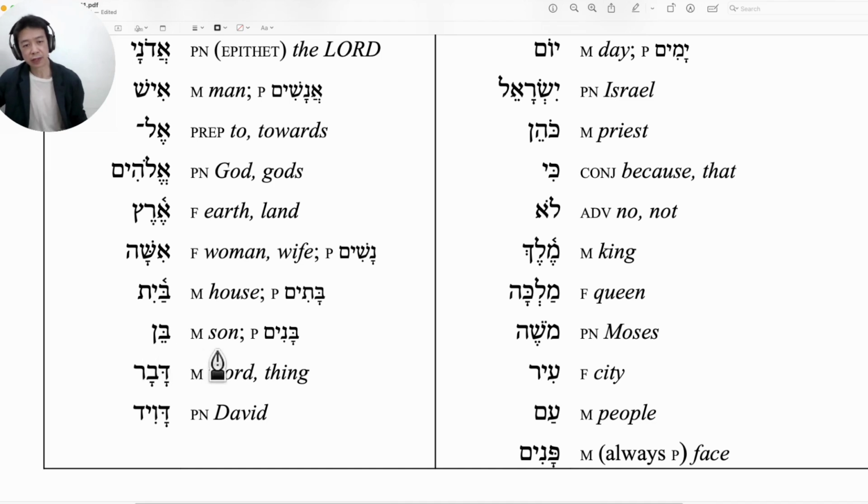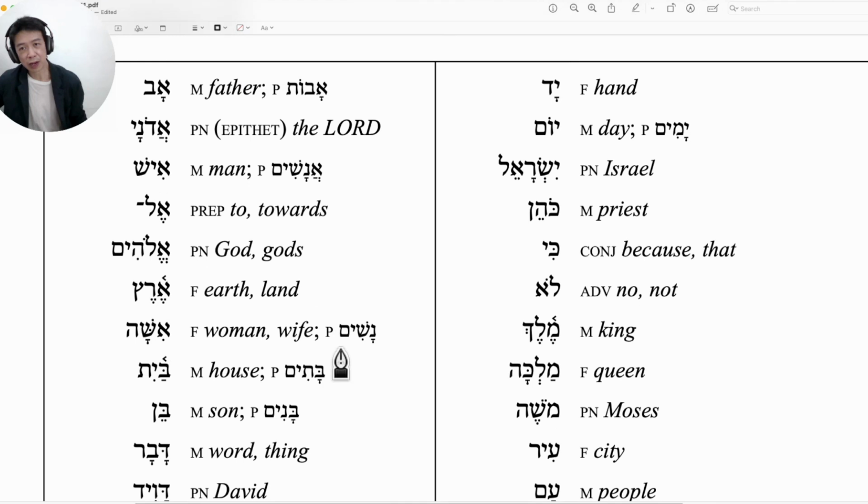For plural is banim. The next word is davar. It means word or thing. The next word is a name. It's a name that's very familiar to many people. It's David. It means David.